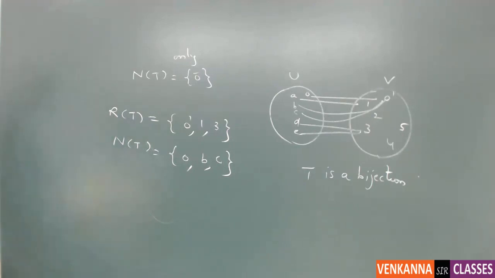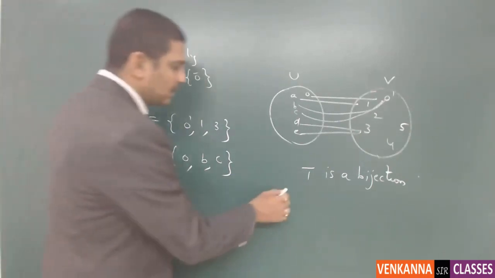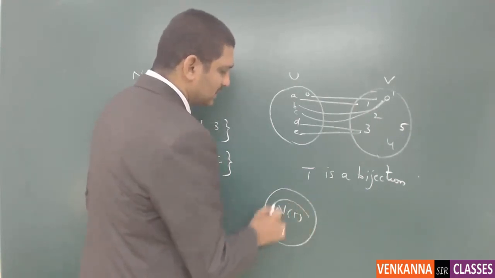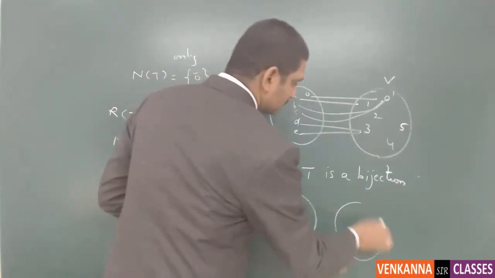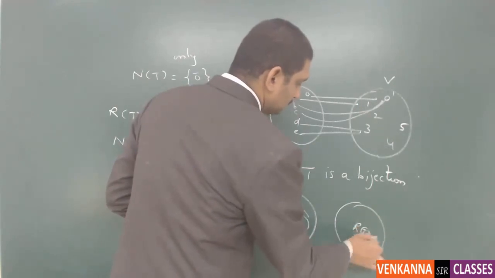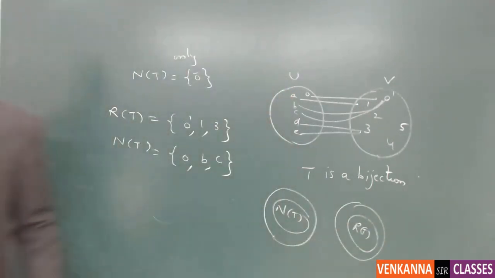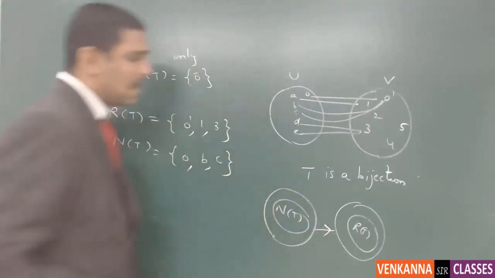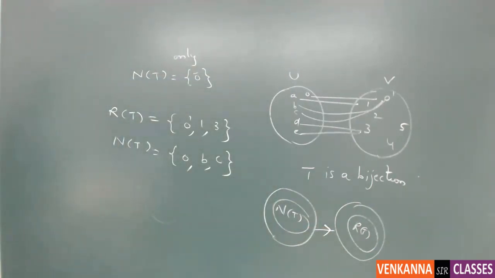Now, let us take some other definitions. As you know, R of T and N of T are subspaces. R of T is a subspace in the codomain and N of T is a subspace in the domain. So, for every subspace, we can find the basis as well as the dimension.